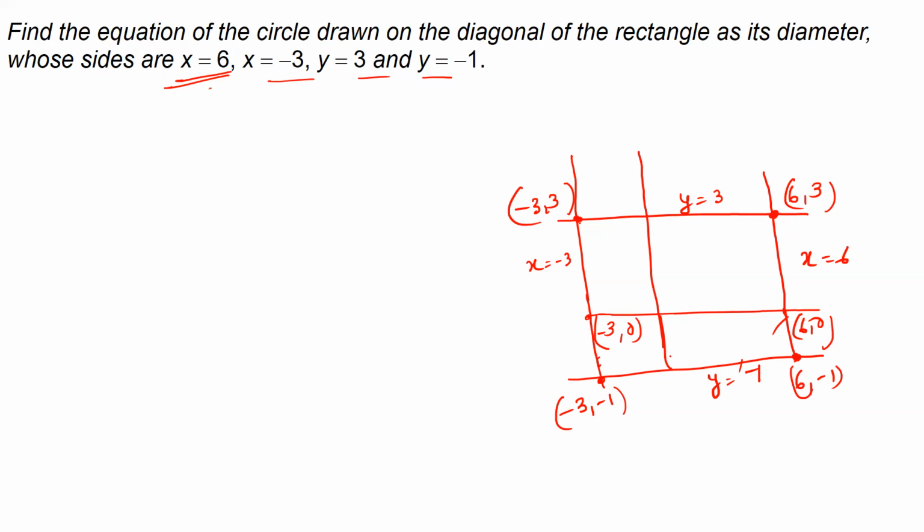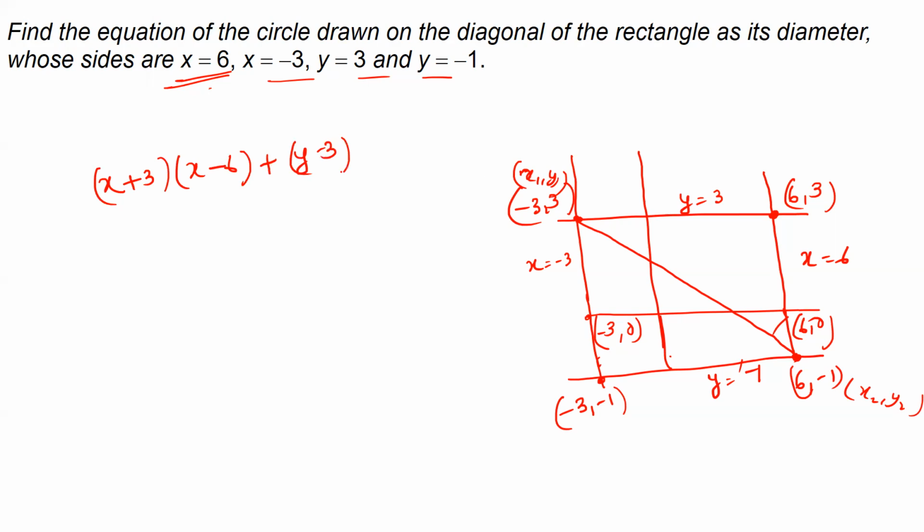So if I take this diagonal and draw a circle using this diagonal, then I'll be getting one circle, which will be given by, if I take this as x1 y1 and this as x2 y2, my equation will be x minus x1 times x minus x2 plus y minus y1 times y minus y2 is equal to 0. This is the equation if I take this diagonal.